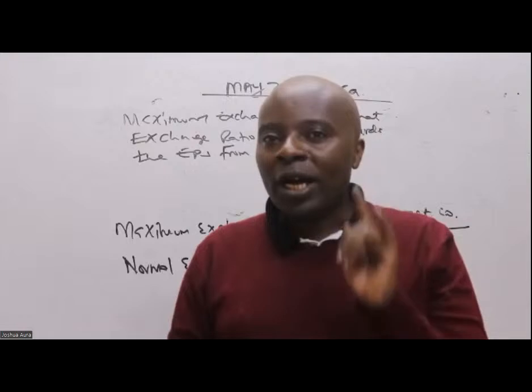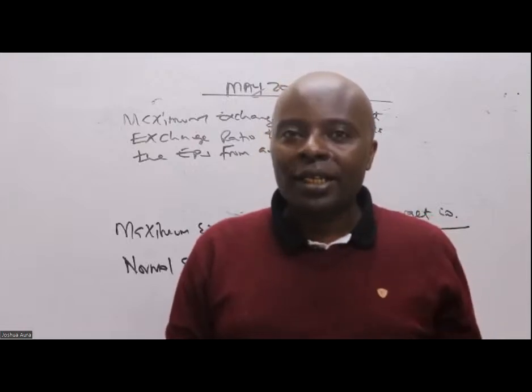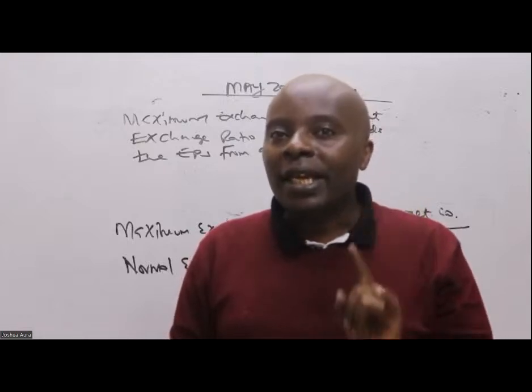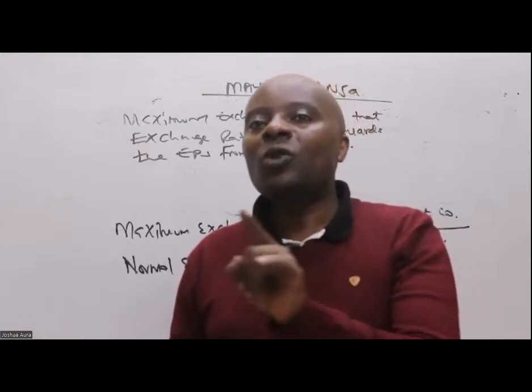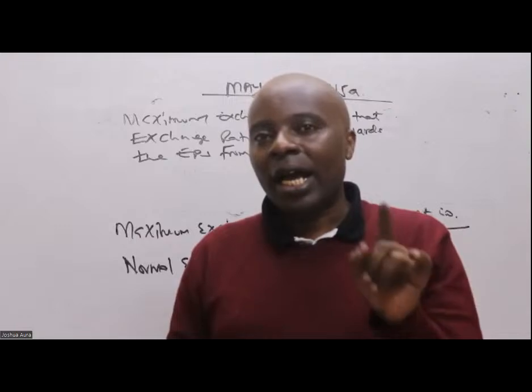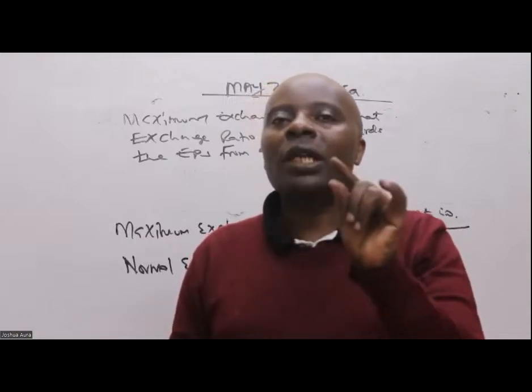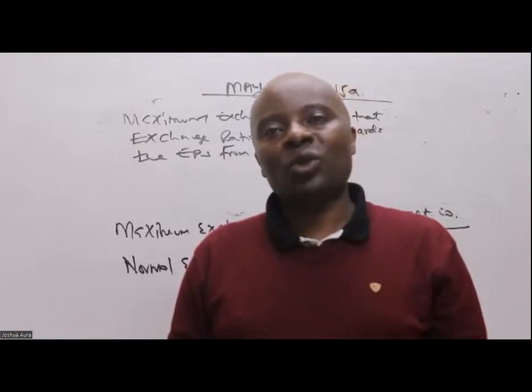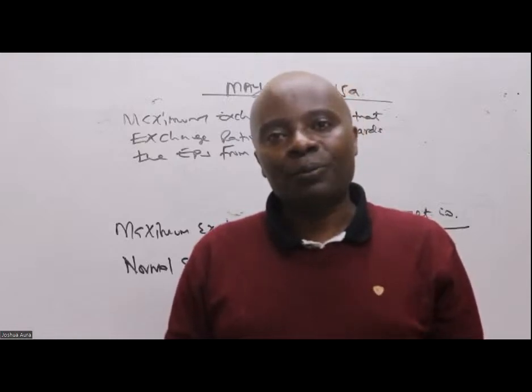You would always want this EPS to be safeguarded. Safeguarding EPS is always ensuring that you engage in anti-dilutive activities that will not lead to reduction of EPS. EPS should not be reducing as a CEO.